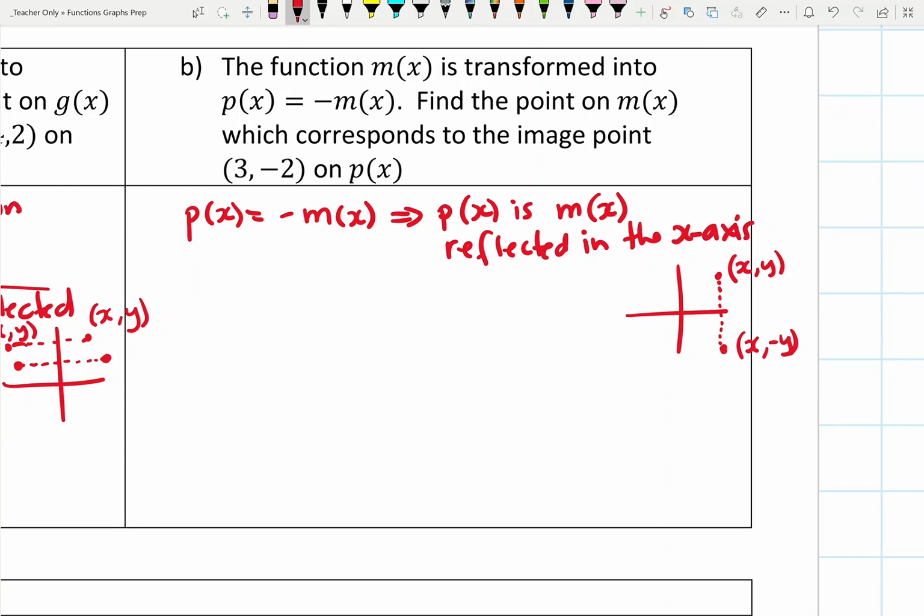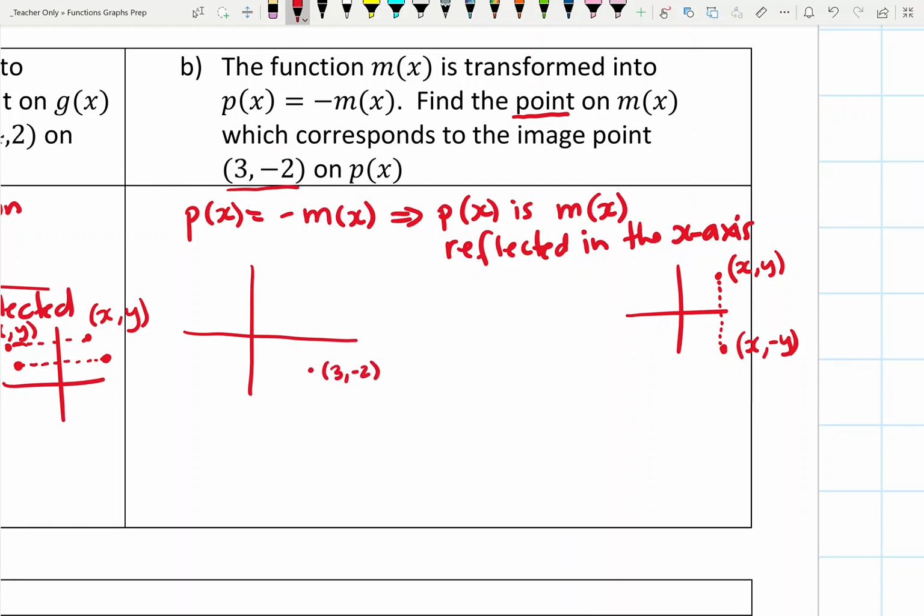So this time we're trying to find the point on m of x, which corresponds to the image point 3, -2. So we're starting with the image point and we're reflecting it back to the corresponding function point. So we can sketch out a little graph, 3, -2, here it is here.